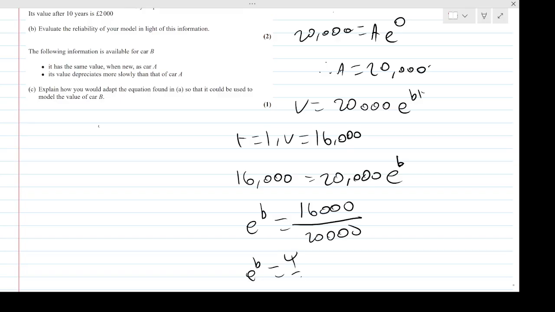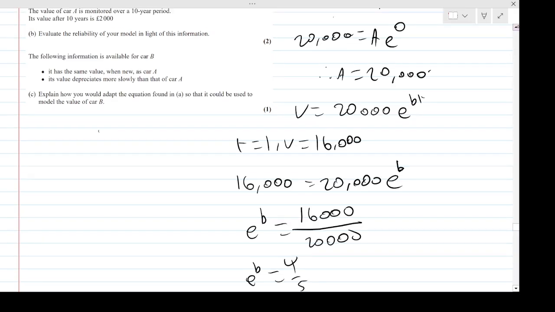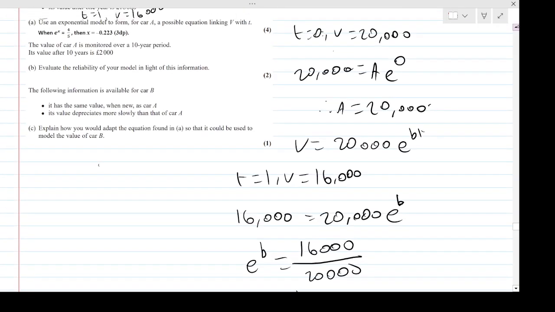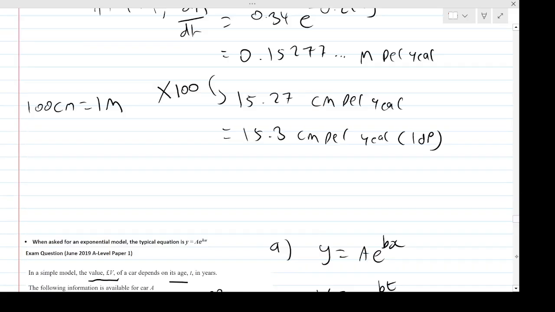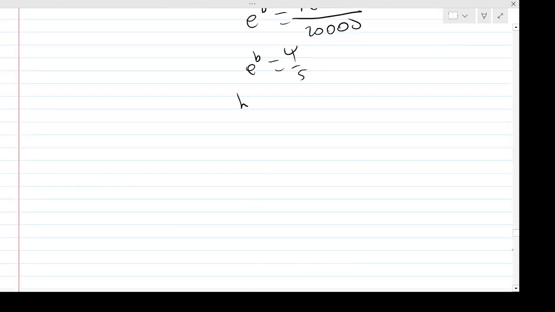Now at this point, you actually can't solve it yet. I still wanted to include a question, even though you technically can't do all of it, because it's still quite useful, in my opinion. What I've done for now is give you the solution. If e to the x is 4/5, then the solution is b is minus 0.223. You could just take that for granted for now.